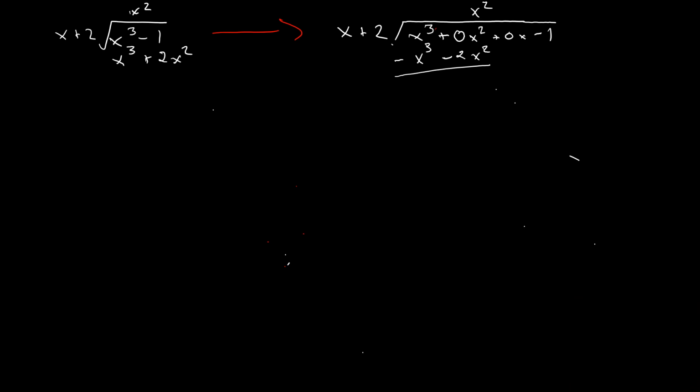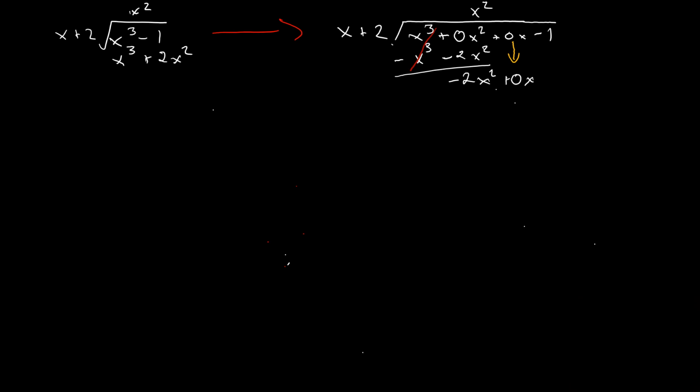Now this allows us to say goodbye to that and have a negative 2x squared here. Now we're going to come over here, just like in the last problem, and drop the next term, which is going to be our 0x.